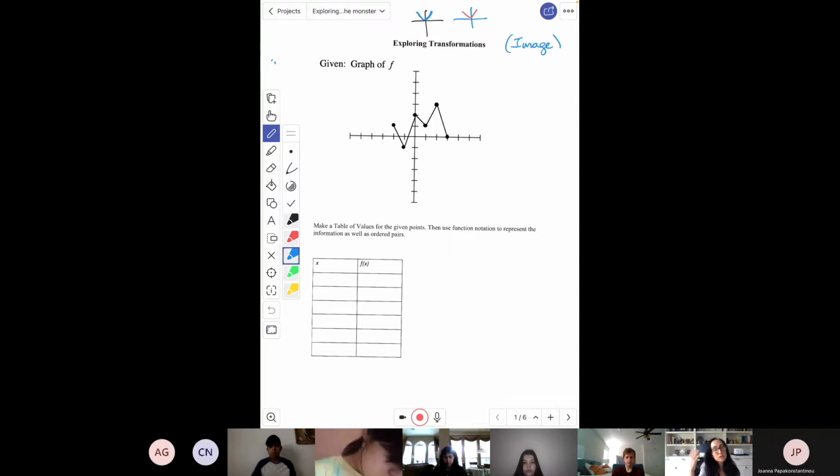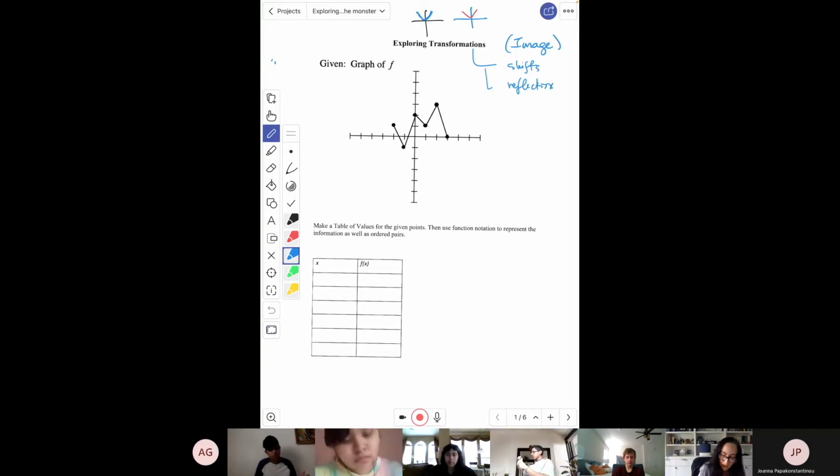Some transformations that you might recall from Algebra 2 are shifts, right? We can shift left and right horizontally. We can shift up and down vertically. You also have reflections. So you can take a graph and reflect it across the y-axis. You can reflect it across the x-axis. And then we also have stretches.